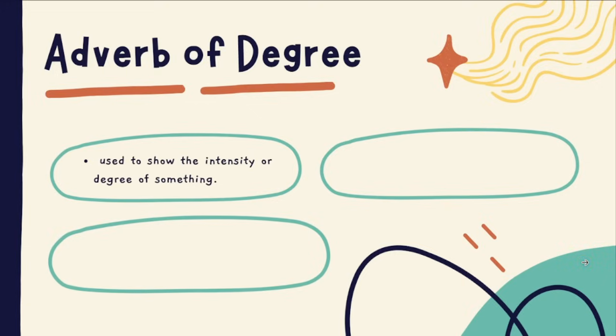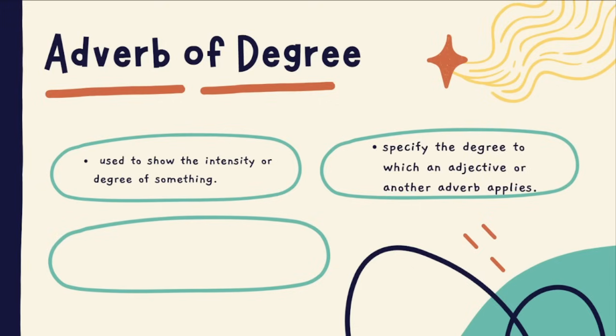So again, what's the adverb of degree? It is used to show the intensity or degree of something. It specifies the degree to which an adjective or another adverb applies. It describes the extent or measure or scope of an action.